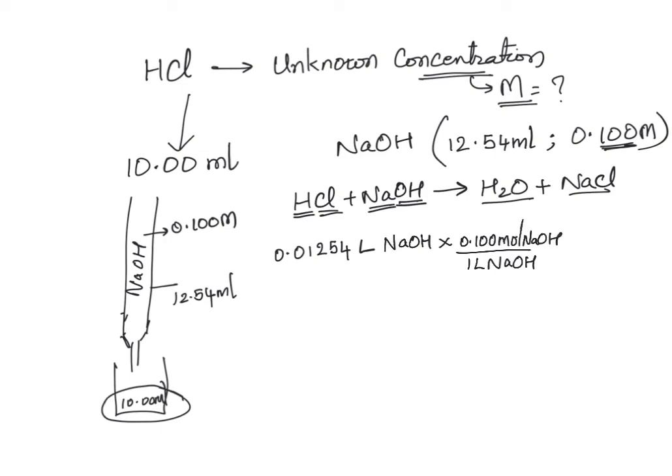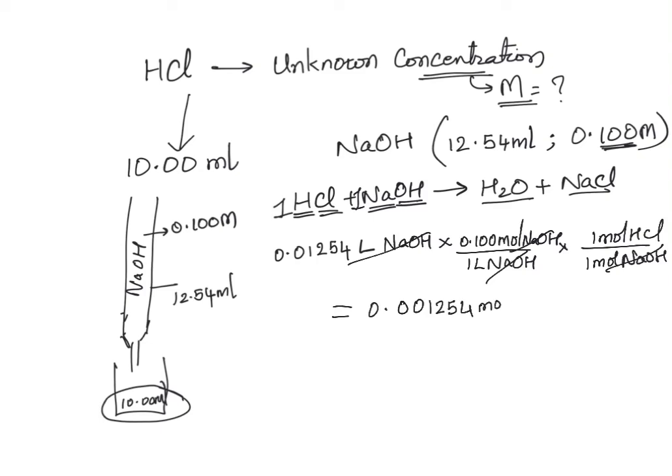Now from your reaction, you know that it's a 1:1 mole ratio. So every 1 mole of sodium hydroxide reacts with 1 mole of HCl. So you used up totally 0.001254 moles of HCl.